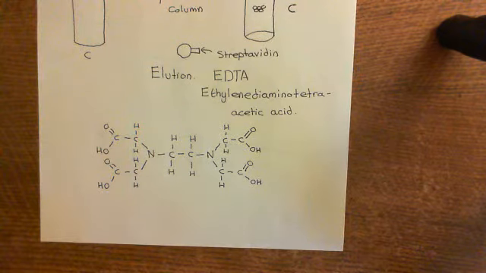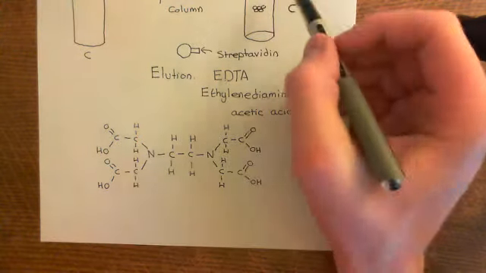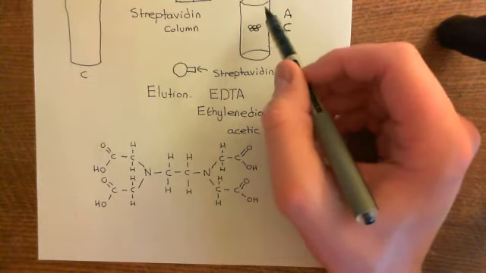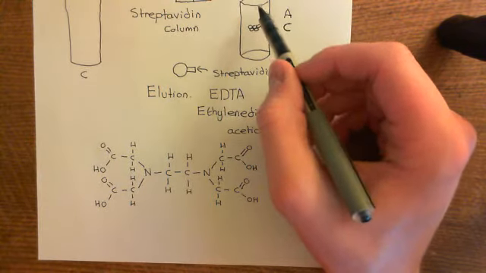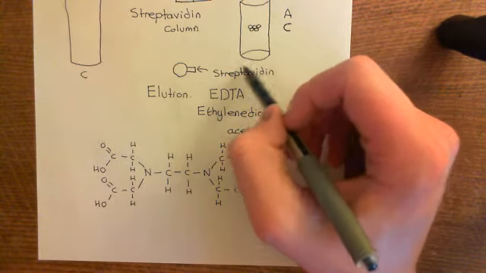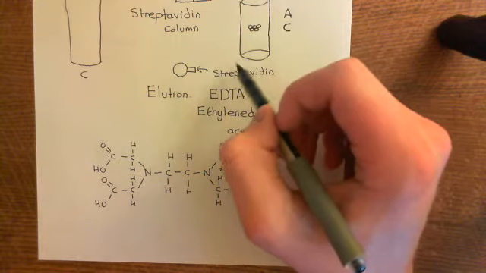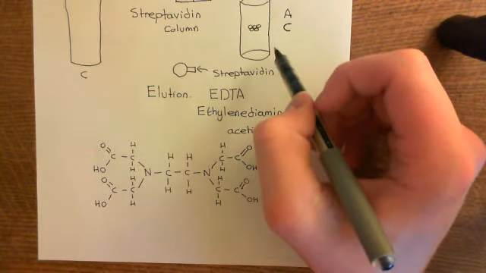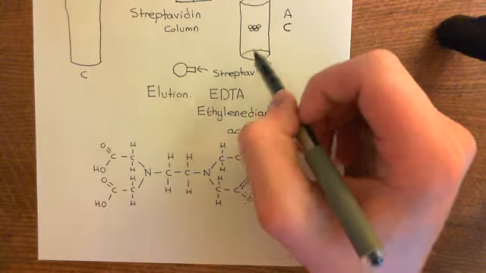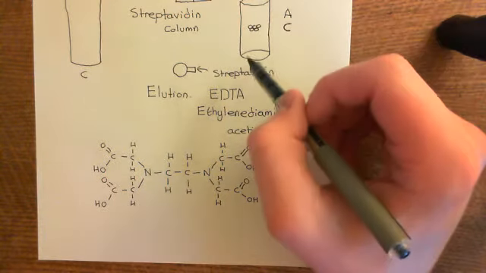proteins from the beads. So you will pour the EDTA through these columns, and it will break the proteins off from the beads, and they will then move through the column, and you'll collect them at the bottom. And obviously you'll collect them in a different container to what you originally collected, the stuff that you were just pouring through the column when you were pouring your samples through.